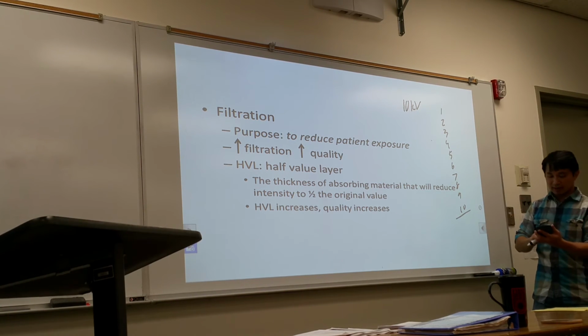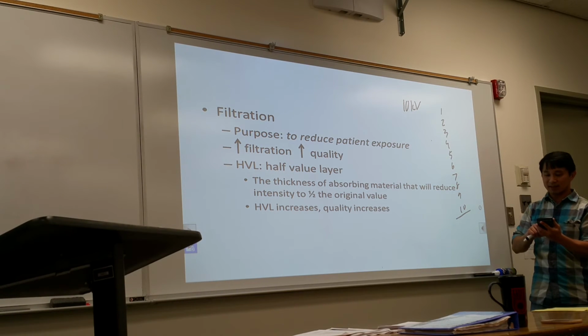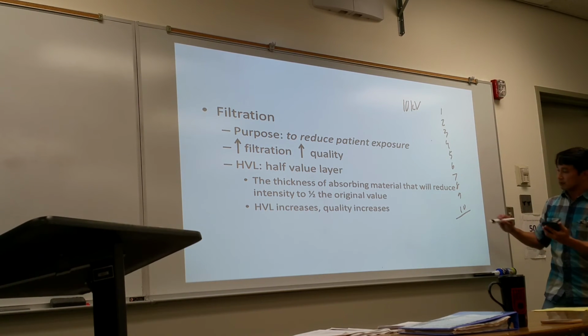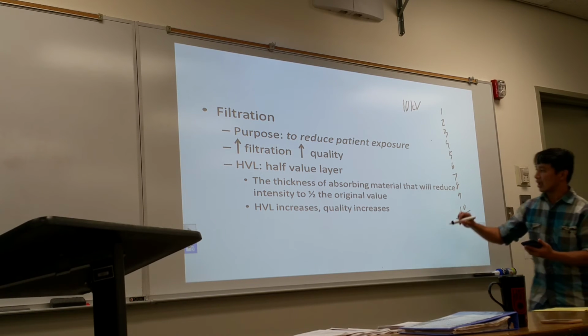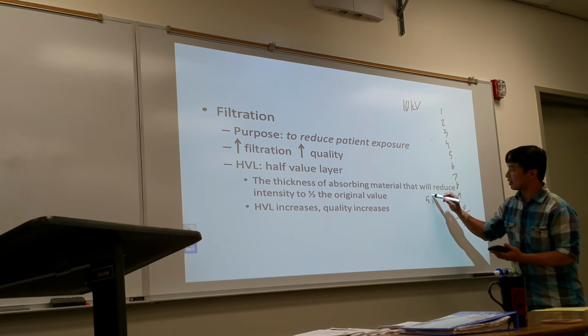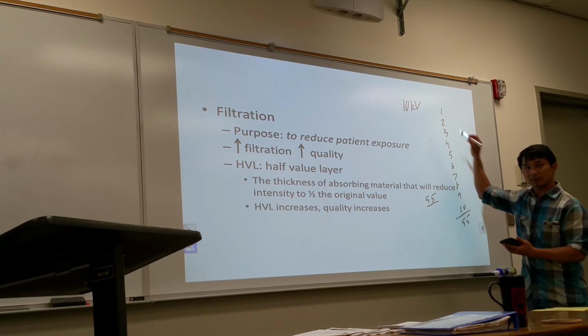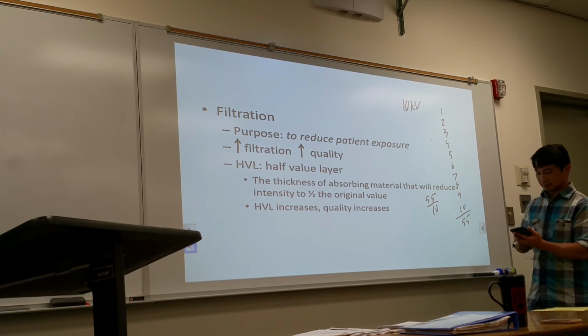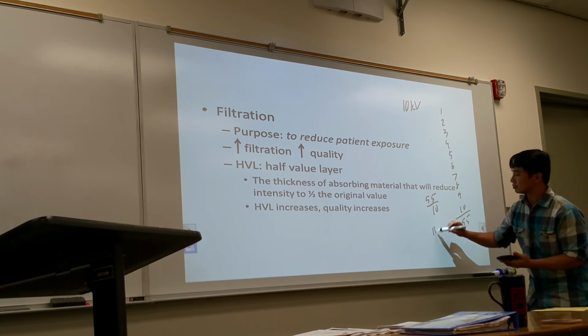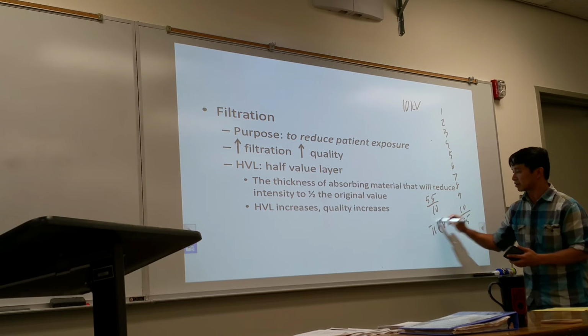So let's add up all the kV. 1 plus 2 plus 3 plus 4 plus 5 gives me 55. And to get the average, 55 divided by 10. So 11 kV on average, right?